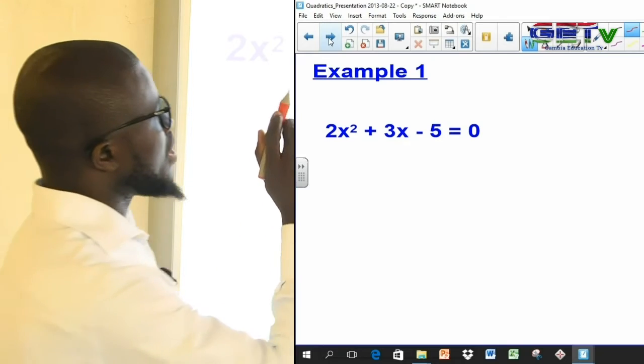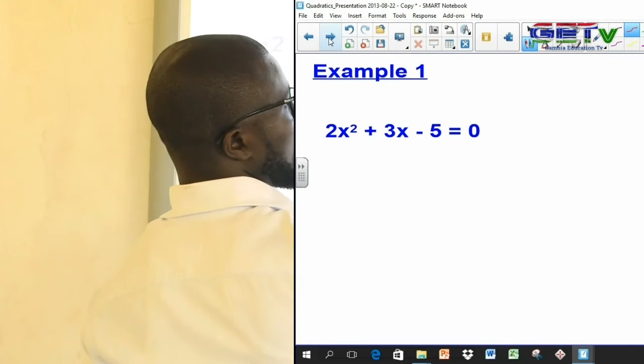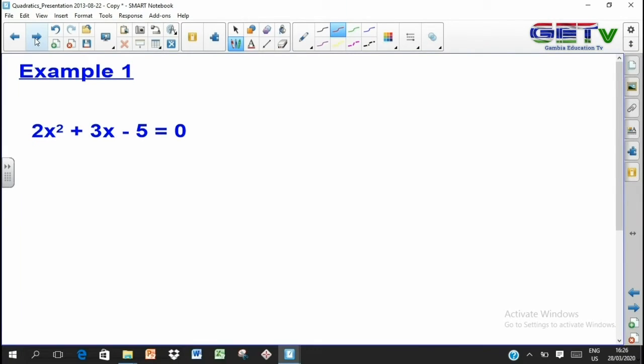Remember, the equation in standard form that I used to derive the formula was ax squared plus bx plus c equals 0. This is exactly what we used to derive the formula.